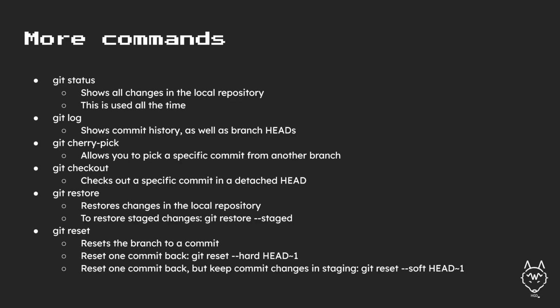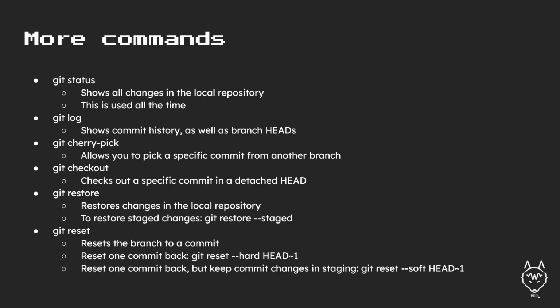One thing we didn't cover was git reset using HEAD. So HEAD basically points to your latest commit on your branch. And if you do HEAD~1, that goes back one commit. So you can reset back one commit on your local repository. And you can also do git reset --soft. This is useful.